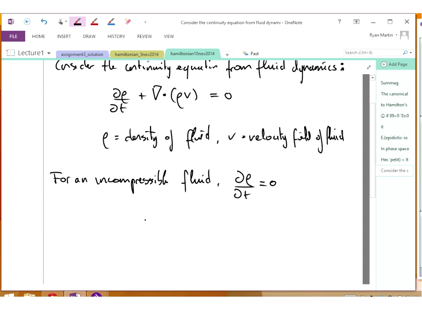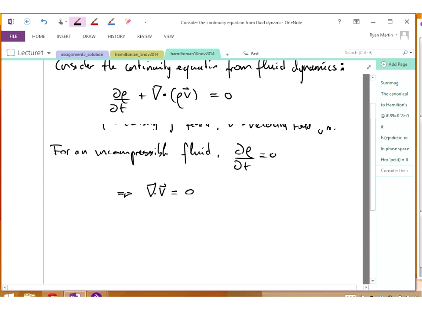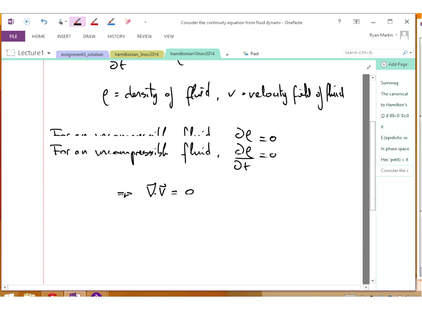So that means that if that's the case for an incompressible fluid, then the divergence of the velocity field, which is a vector, is equal to 0, because ρ is just a function, so it comes out of the divergence. Okay, so that's from fluid dynamics.